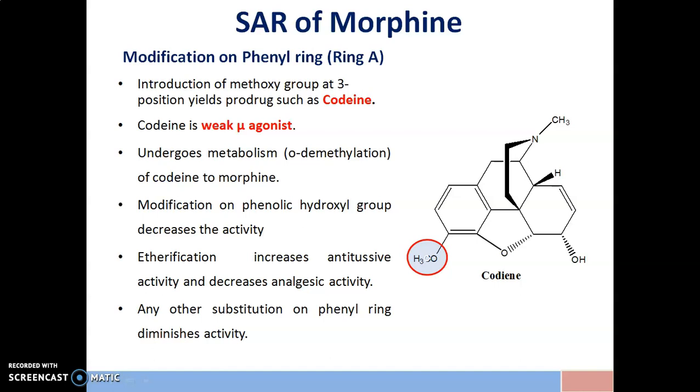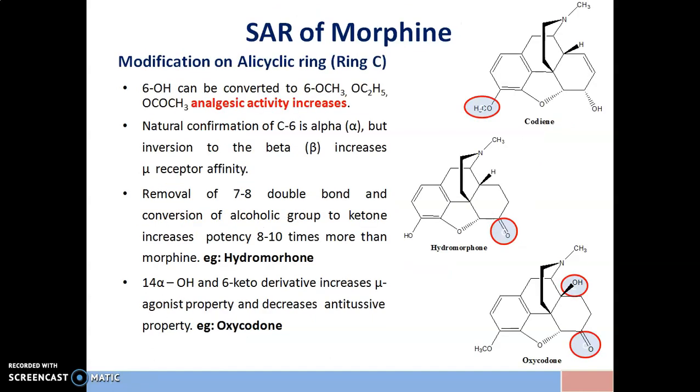It undergoes metabolism by O-demethylation of codeine to morphine. Modification on the phenolic hydroxyl group decreases the activity and etherification increases antitussive activity. Any other substitution on the phenyl ring diminishes the activity.